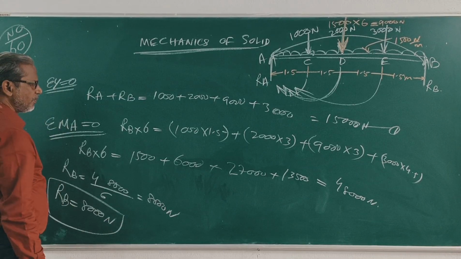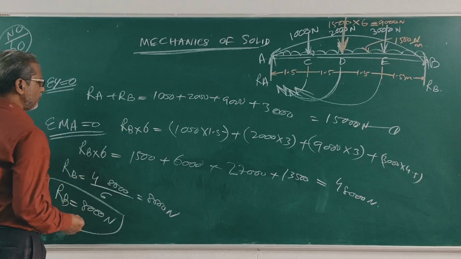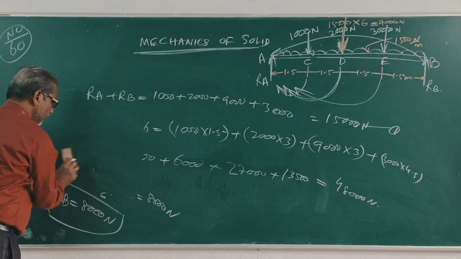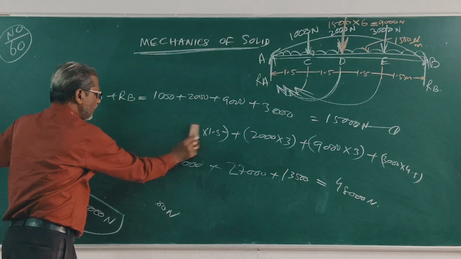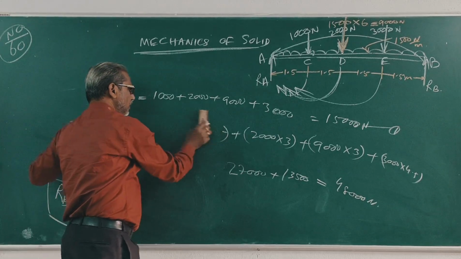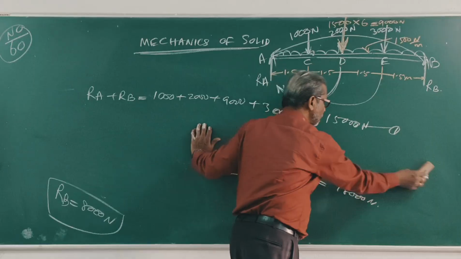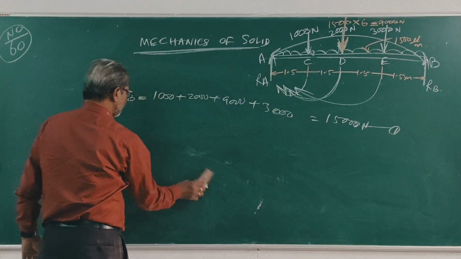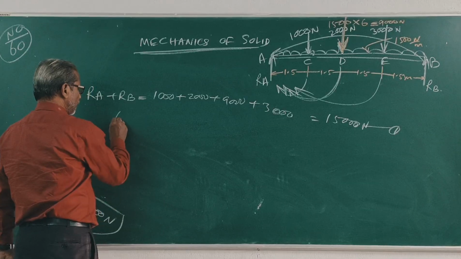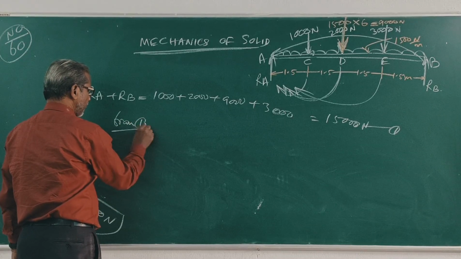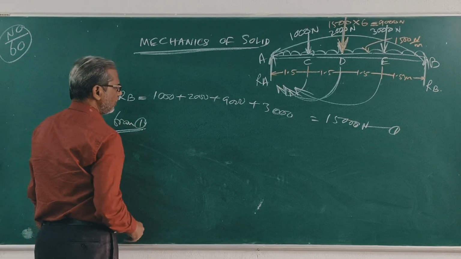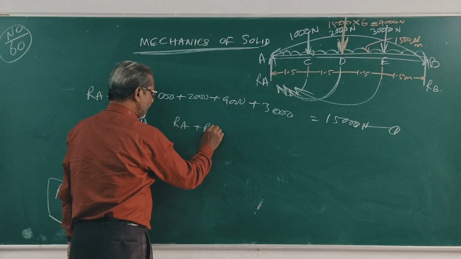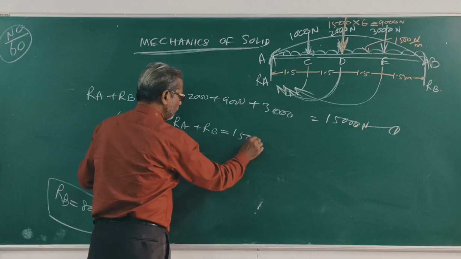Now RA. What is RA? From equation 1, RA plus RB is equal to 15,000 Newton.